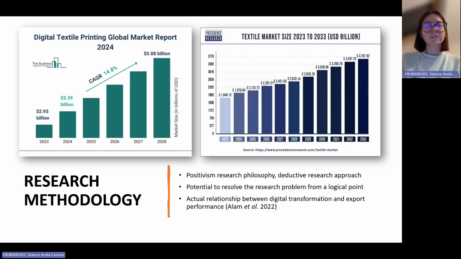Application of the deductive research approach would help the researcher to understand the actual relationship between digital transformation and export performance, as well as the competitive advantage of SMEs in the UK textile industry.